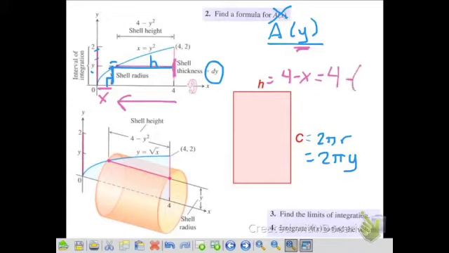Our function here was 4 minus y squared. And so for our area of this, we would continue by taking our height times our circumference. Our limits of integration then are the y values. So we're looking at the y-axis from 0 to 2, and we could set up our integral to find our values.